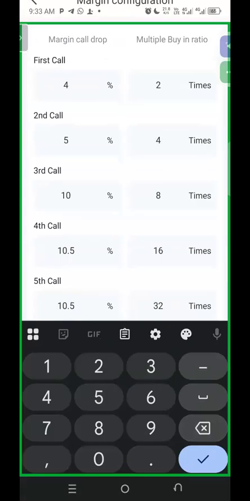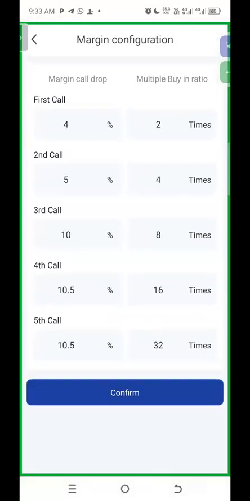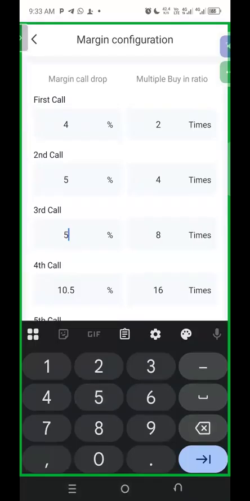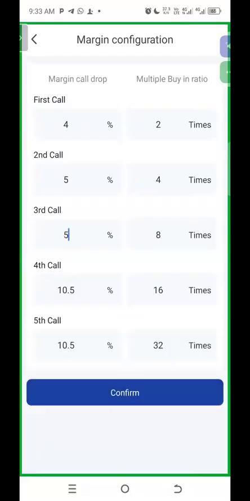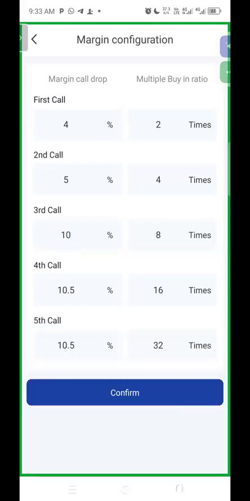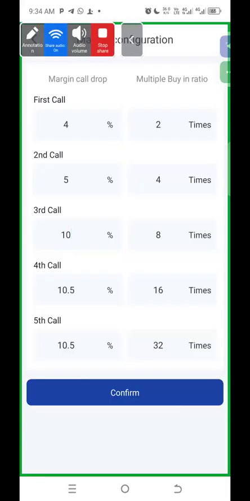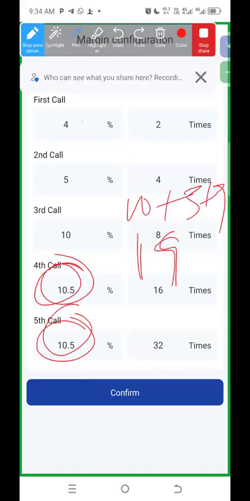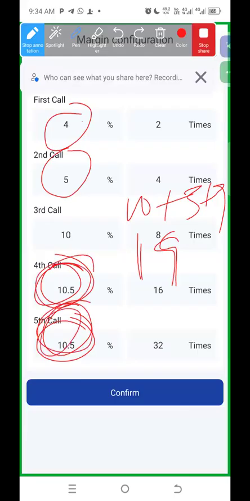Do you get it? If I decide to make this place 5, it's your personal decision, just to ensure that at least these first 2 calls can be bought very fast with a low drop. Then for these ones, the market must dip.